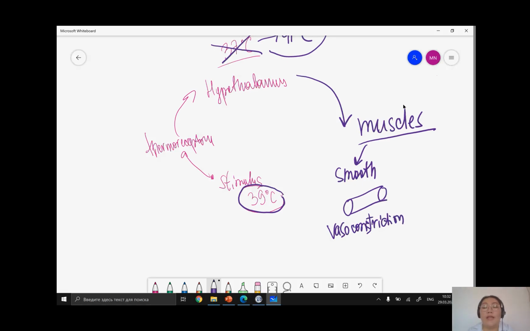Okay, so and how can we detect it? Our skin will be pale because the vessels will decrease the lumen. They will go deeper, away from the surface of the skin, deeper into the dermis to keep the temperature. That's why we need to constrict it.